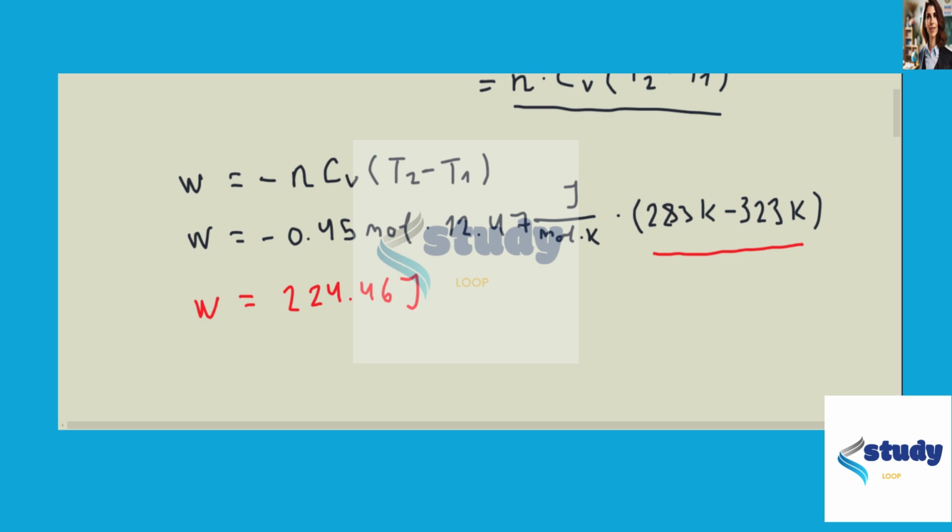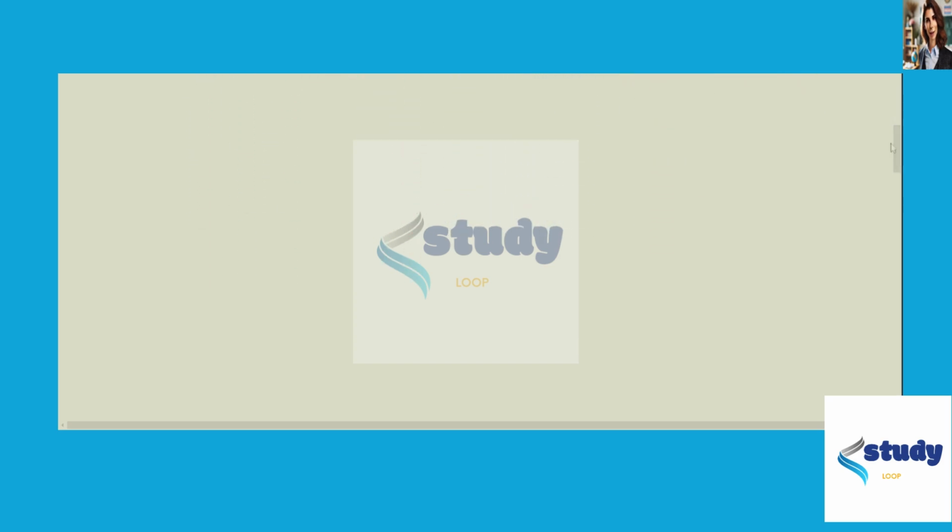And now for part C of the problem, we will simply use what we already derived. So the internal energy change is equal to the negative work done.